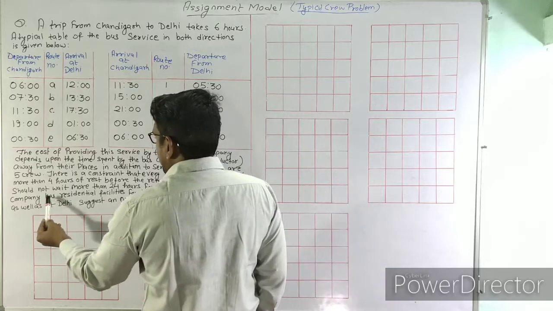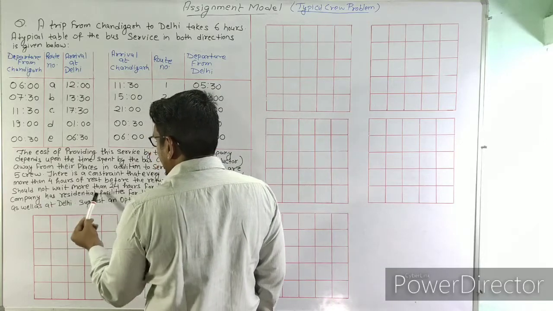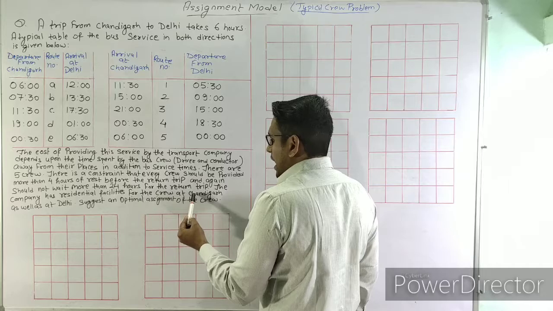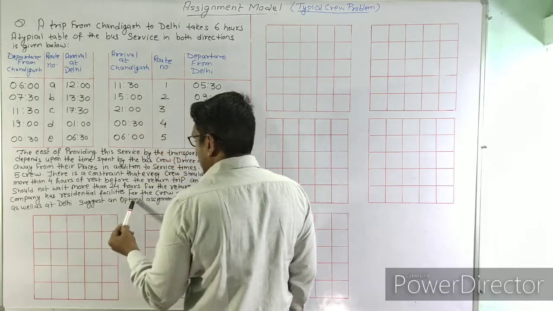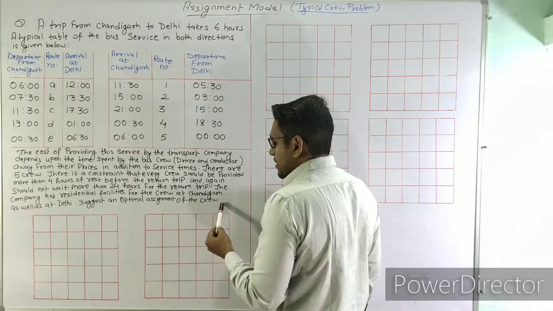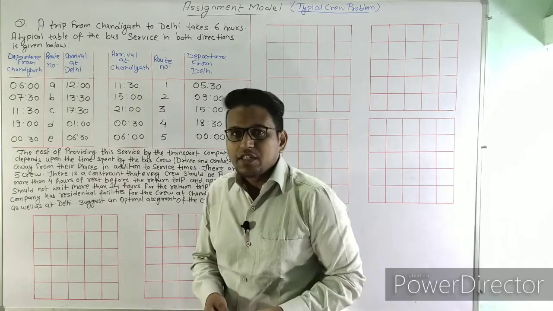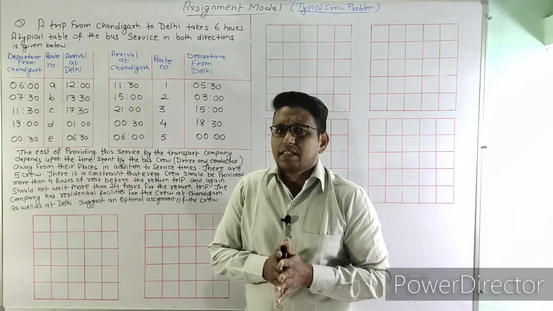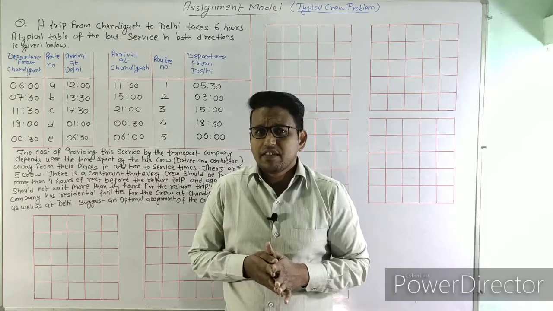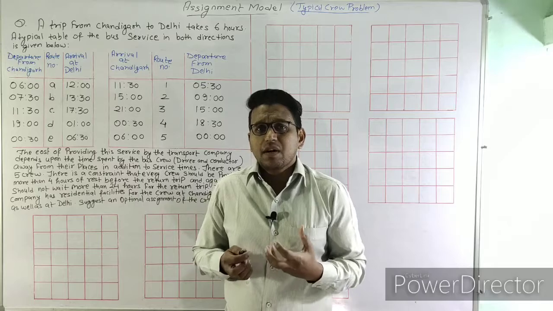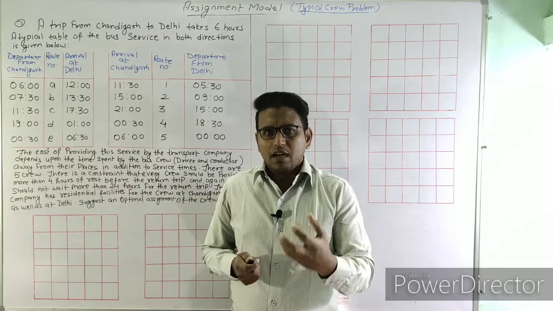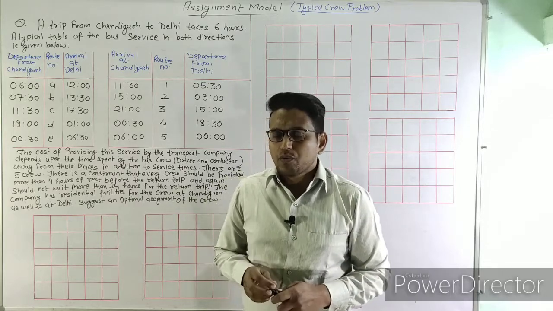The company has residential facilities for the crew at Chandigarh as well as at Delhi. Suggest an optimal assignment of the crew. So in this problem, the company has residential facilities at both Chandigarh as well as Delhi, and we need to find the optimal assignment for the crew.